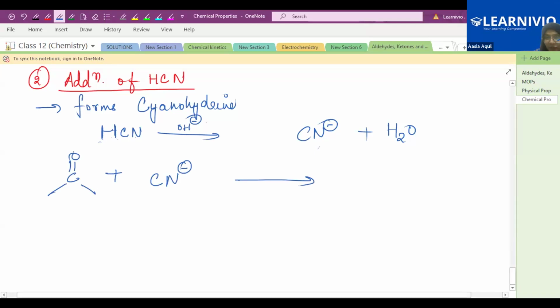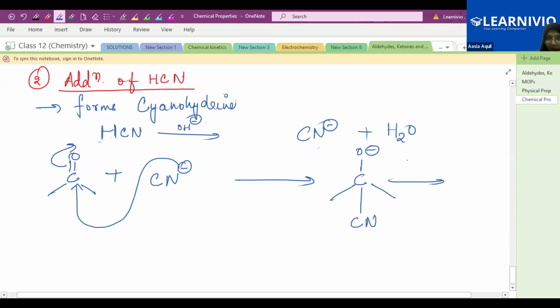Between this carbon and oxygen, the oxygen is more electronegative, so it acquires a partial negative charge and the carbon a partial positive charge. The cyanide ion attaches to this carbon, the bond shifts to the oxygen, and you get a negative charge on oxygen.